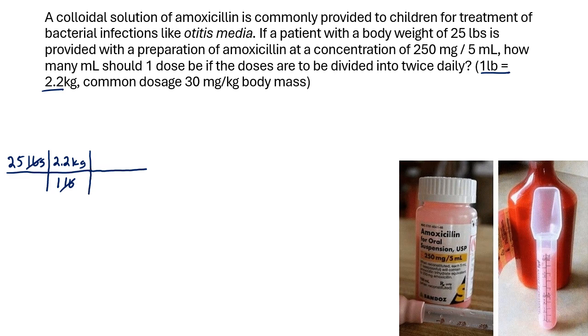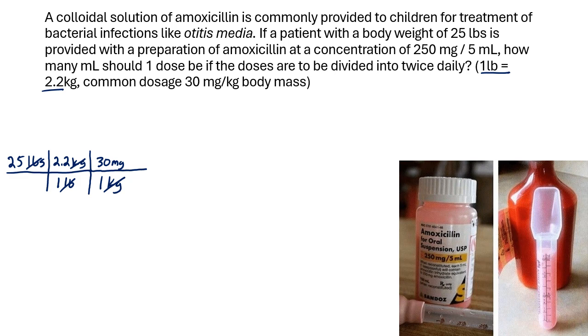I'm going to get rid of the kilograms using the fact that I should give the patient 30 milligrams of active ingredient per 1 kilogram of body mass. If I were to stop there, I would figure out how many milligrams the patient needs of this active ingredient every day. But that doesn't really tell me a whole lot because I have a liquid with the active ingredient in it, and I need to measure that liquid out in milliliters.